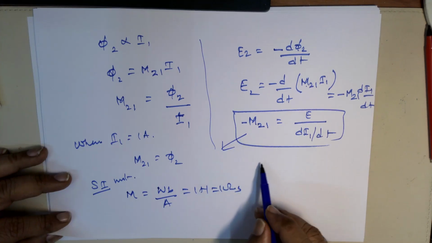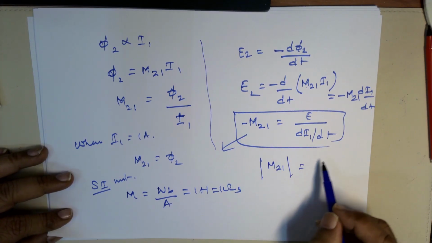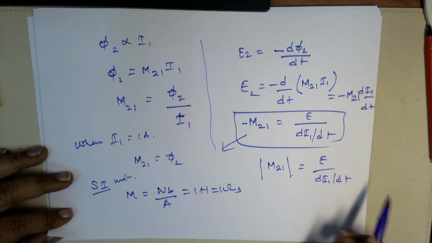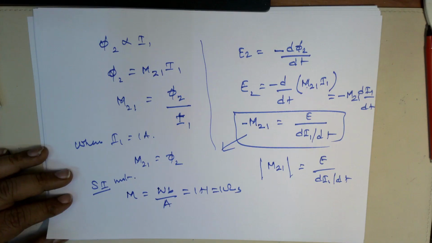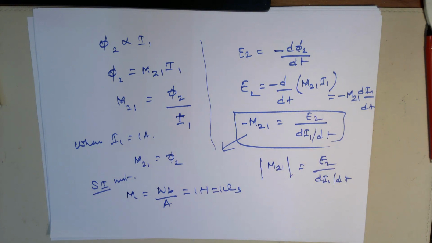And let us consider the magnitude. So we can put M21 equal to E divided by di1 by dt. And you can mention this as E2, that is the induced EMF in the second coil.